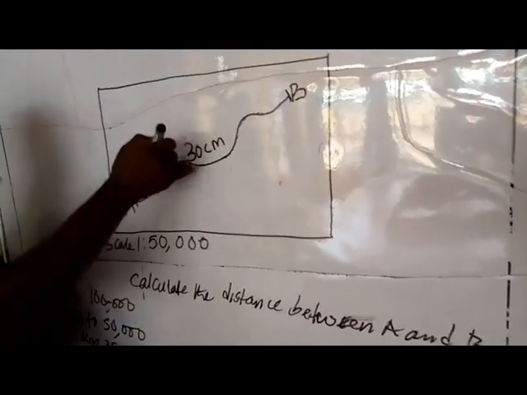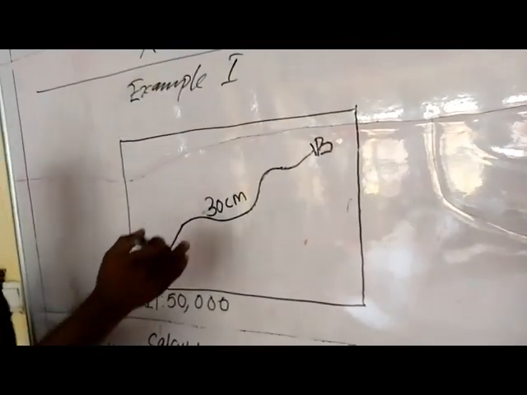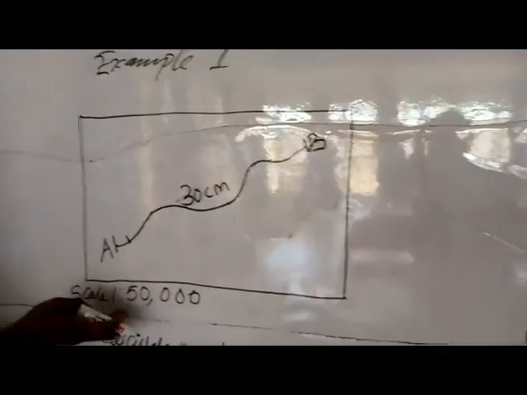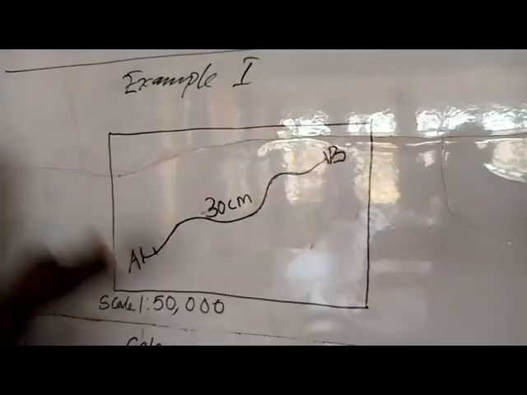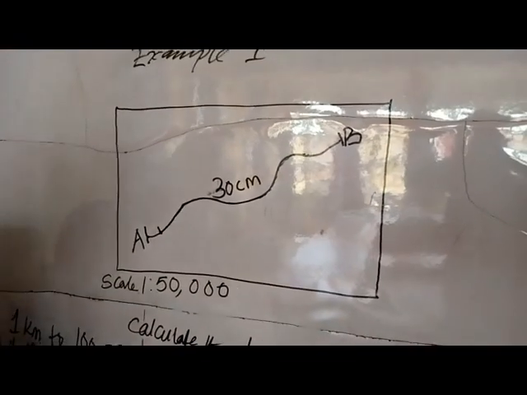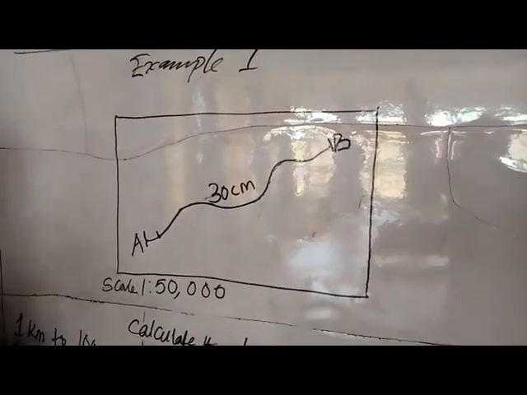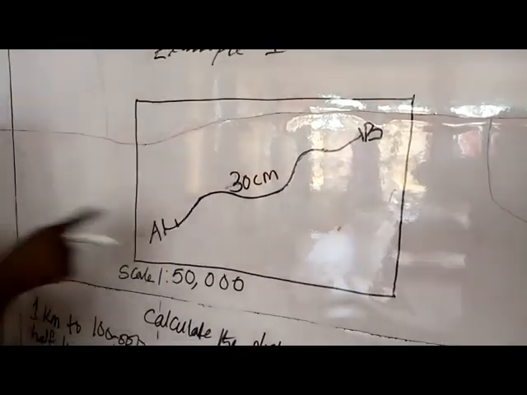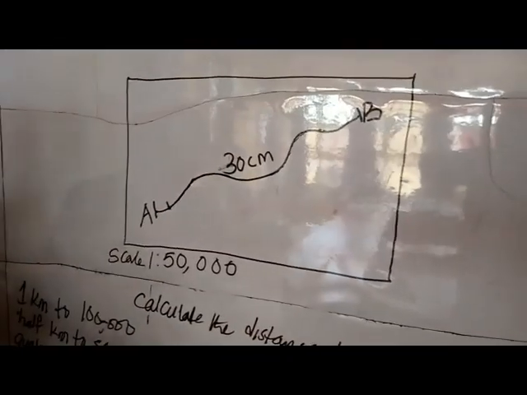Now, as you can see here, there are two different words scale here. 30 centimeter on this very particular map, while 1 is to 150,000 on the ground. How do we do that? First and foremost, you must convert first. How do you convert?